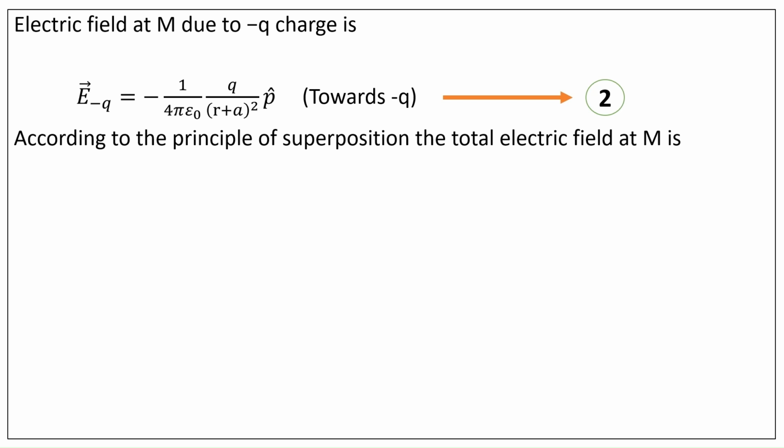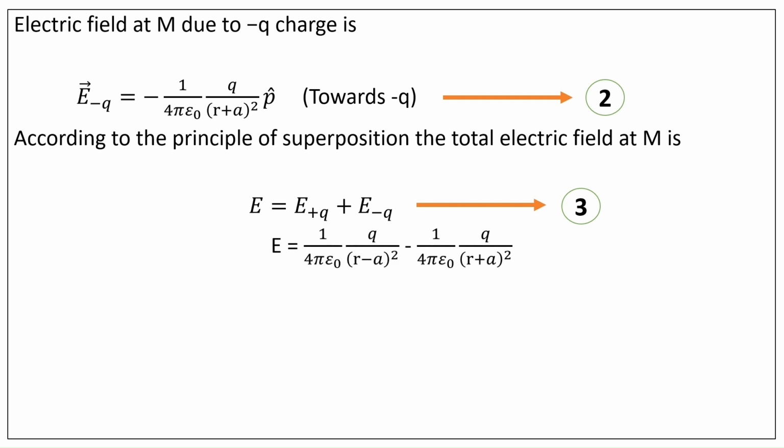According to the principle of superposition, the total electric field at M is E is equal to E plus q plus E minus q. Mark it as equation number 3. Now, substitute equation 1 and equation 2 in equation 3. We get E is equal to 1 by 4 pi epsilon naught into q by (r minus a) whole square minus 1 by 4 pi epsilon naught into q by (r plus a) whole square.